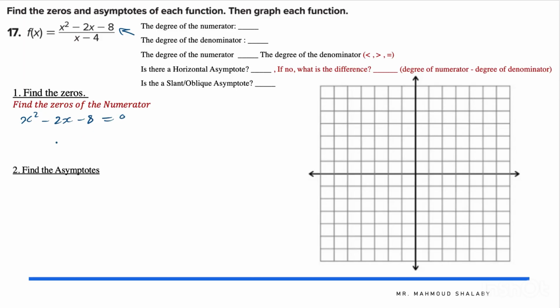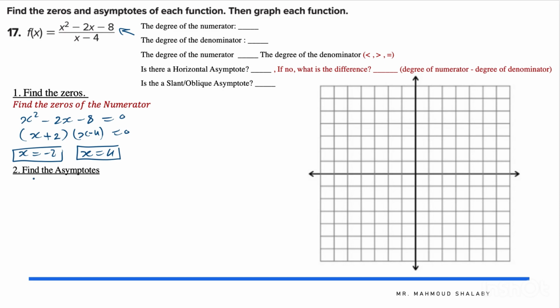We equate it to 0 and factorize. We put x and x. 8 is 2 times 4, negative and positive. This means x equals negative 2, and x equals positive 4. Until here, you will see something similar to what we have done, nothing changing.